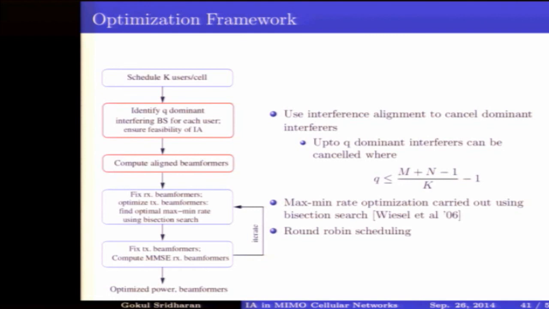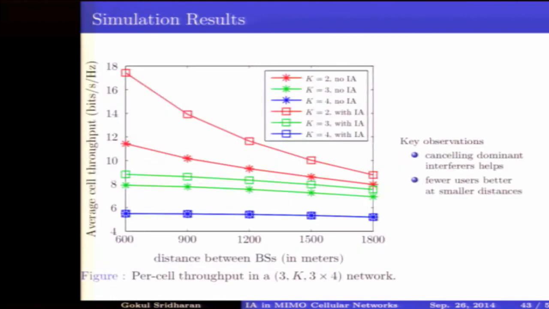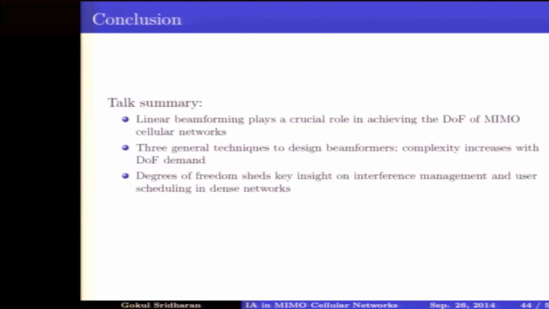Right. That pretty much brings me to the end of the talk. So the takeaways would be that linear beamforming does play an important role in establishing the degrees of freedom of MIMO networks. I briefly touched upon 3 techniques that we proposed, and the complexity of each technique increases with the DOF demand.